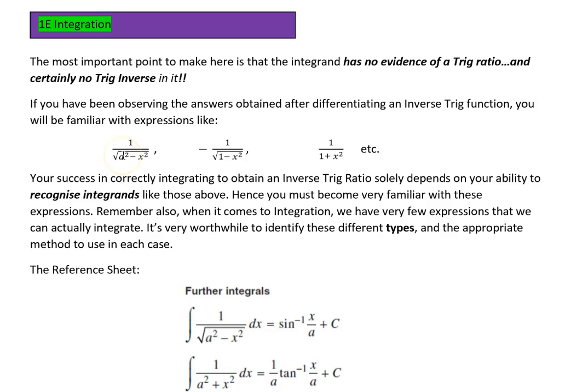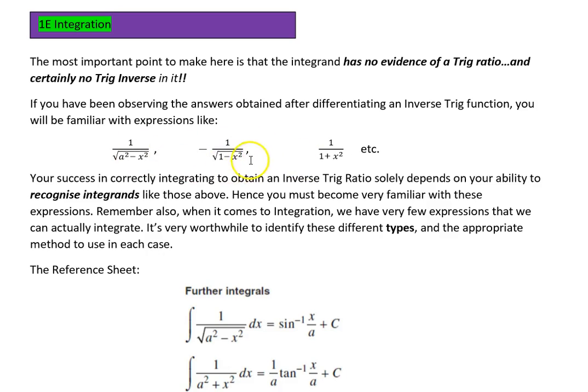And keep in mind that a could be simply a 1, like here in the next one. But there's a negative at the front, so we know that goes to cos inverse. And then finally the tan inverse was again a fraction, x squared in the denominator. This time it's got a plus, and this time there is no square root.